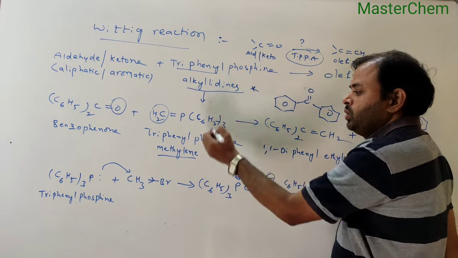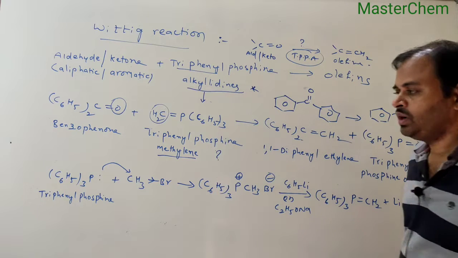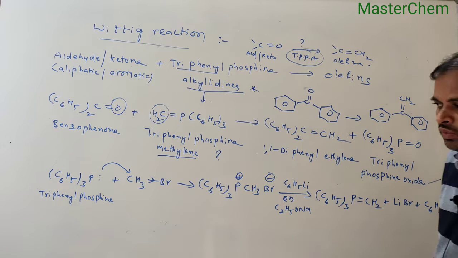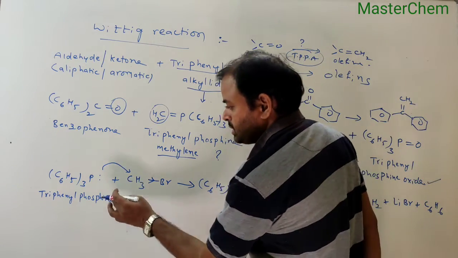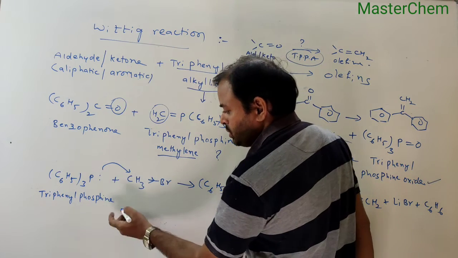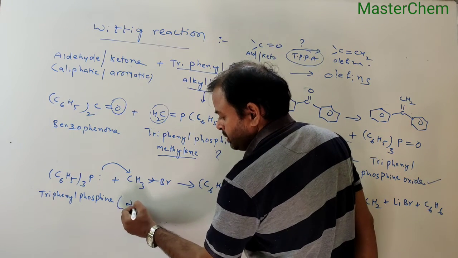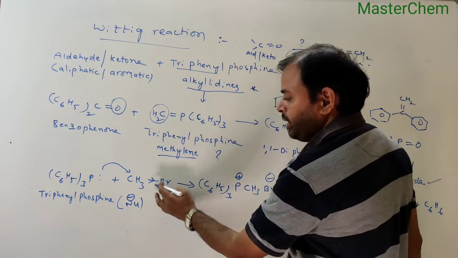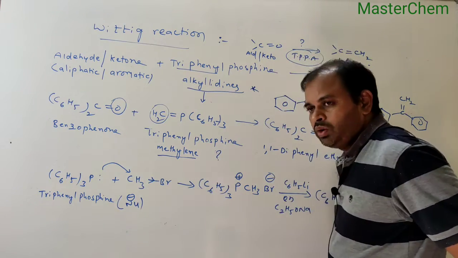Now, how to prepare this triphenyl phosphine methylene? This is triphenyl phosphine, C6H5 taken thrice, P. This is triphenyl phosphine, which acts as a nucleophile, with an alkyl halide, for example methyl bromide.